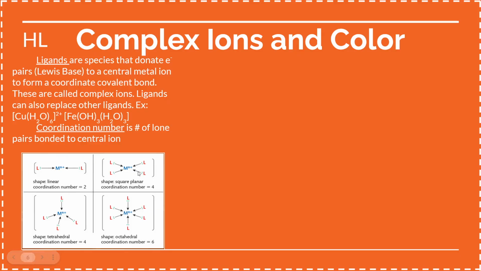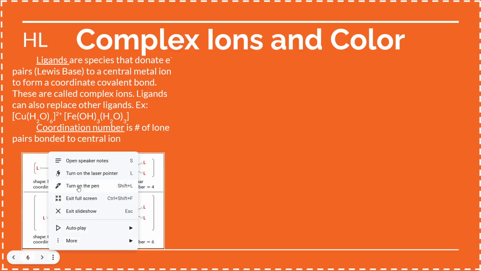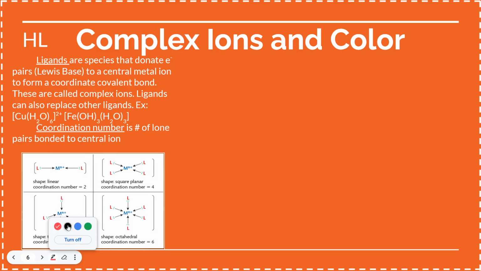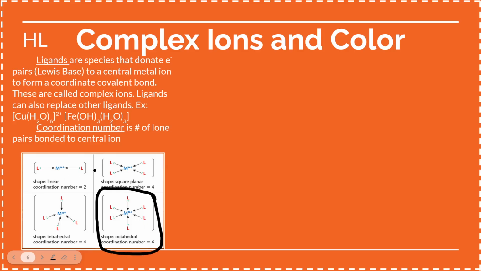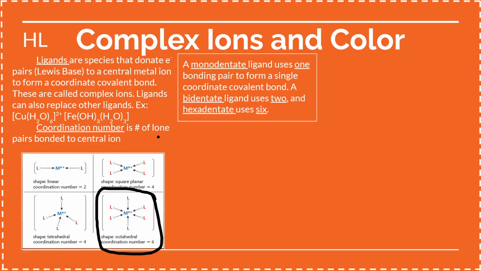Now, the coordination number is directly related to the shape of the complex, and for IB, we're going to mostly focus on octahedral shapes for complex ions, although I'm not exactly sure if you'll see these other ones, so just know them. And as we can see, there are 6 different ligands who are all donating a single pair of electrons, and that's how you get your coordination number of 6.